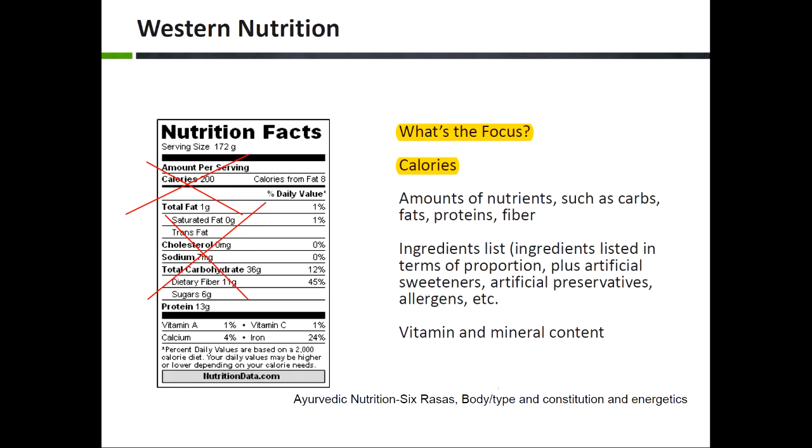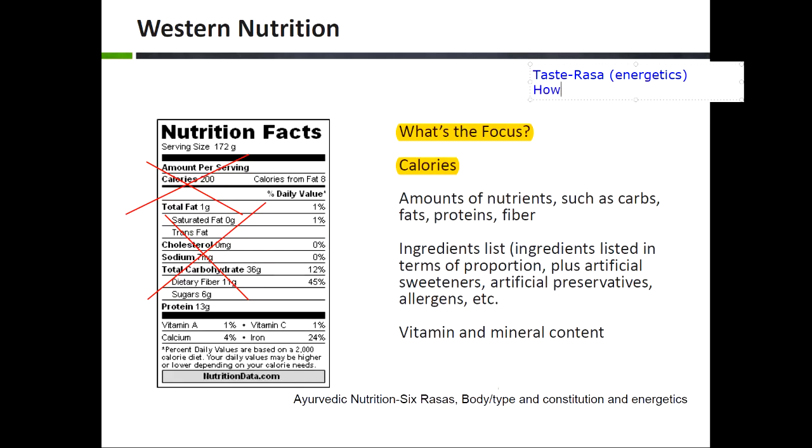What we care about is the taste, rasa, which is part of the energetics. Food has energy. And you will read about the different energetics that include rasa and virya, which is whether the food is heating or cooling, and gunas and prabhava, the action and whatnot. Right now, for this AC 102, we are only interested in rasa.